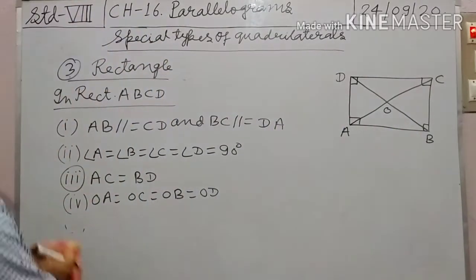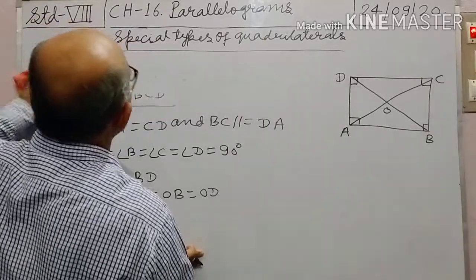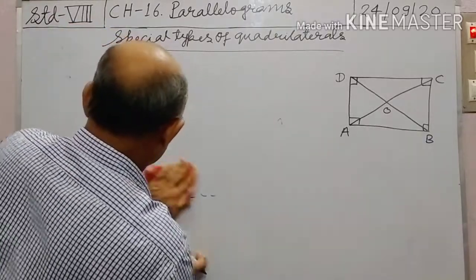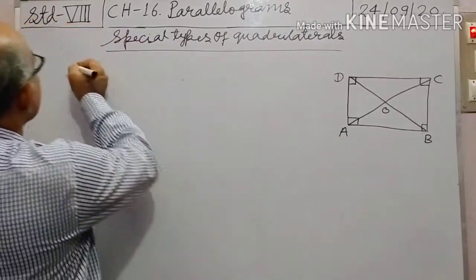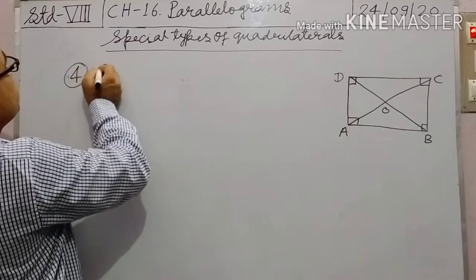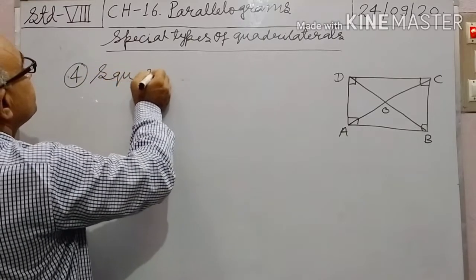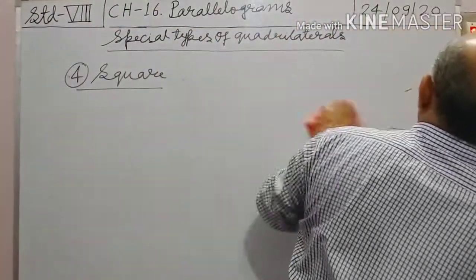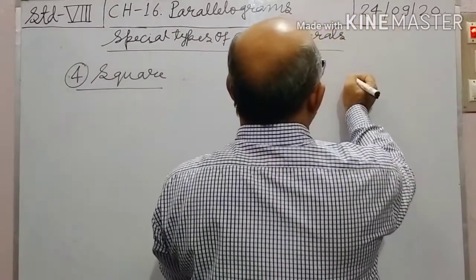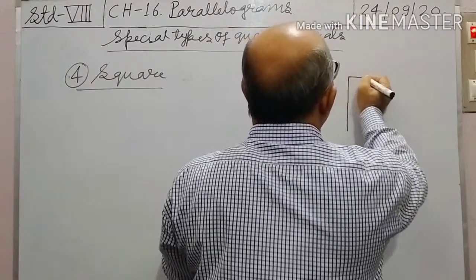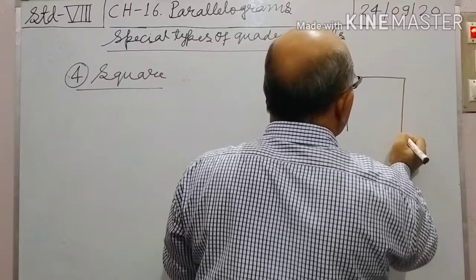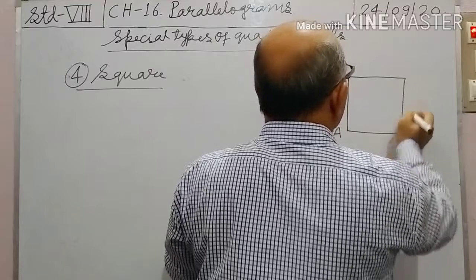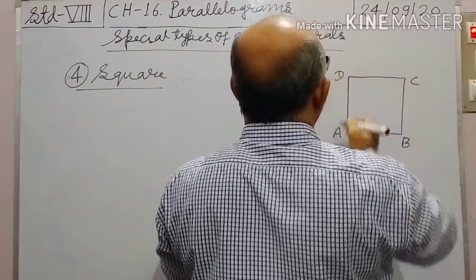Next, a square. The fourth type of special quadrilateral is a square. The figure of a square is ABCD.